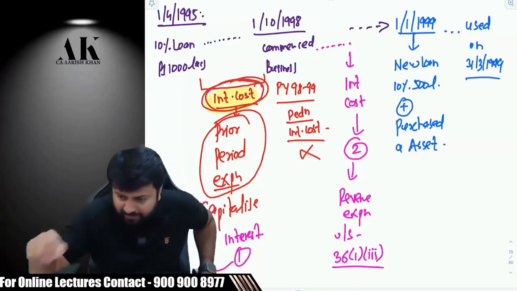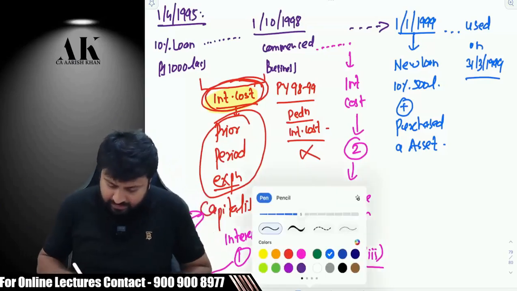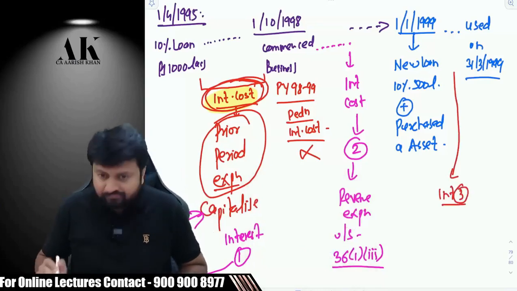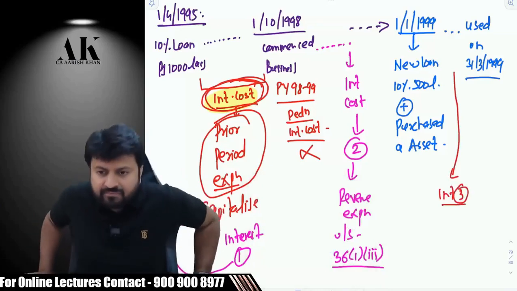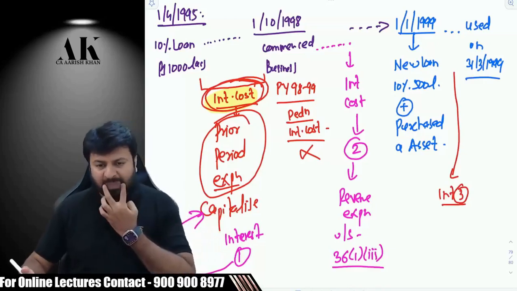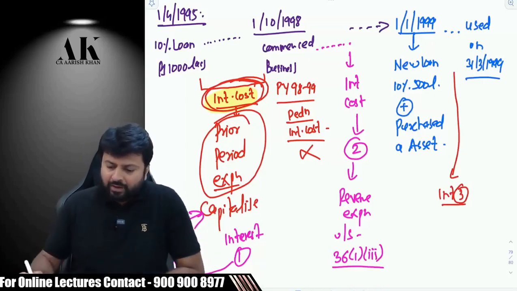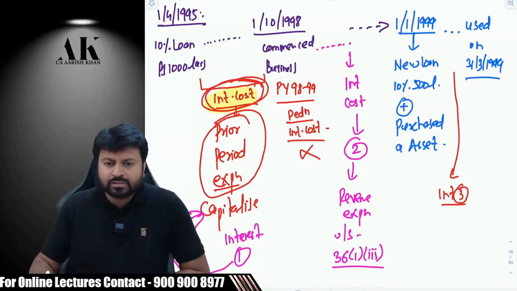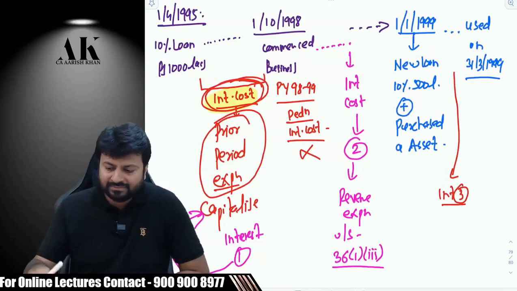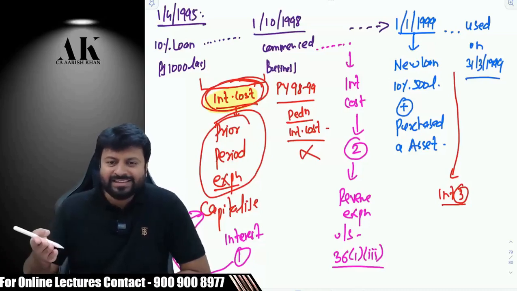Now you have to tell me what will happen with this third interest. Should be allowed as a revenue expense, sir. Revenue expense? I have not put the asset into use. The business is commenced, right?